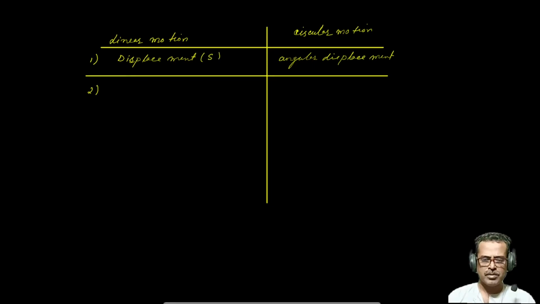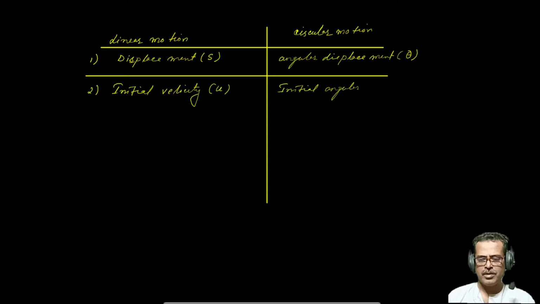Displacement is symbolized by S and this by theta. Initial velocity, this is U initial. Number two, angular speed, omega 0.